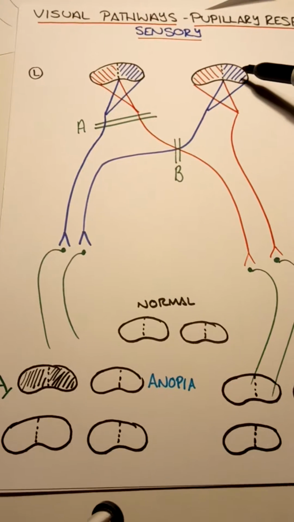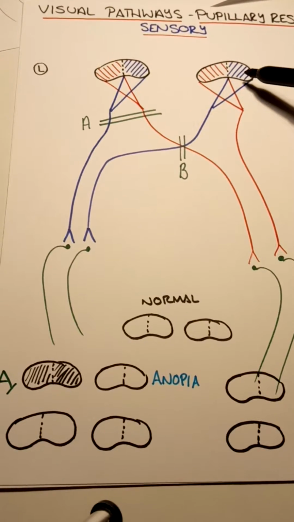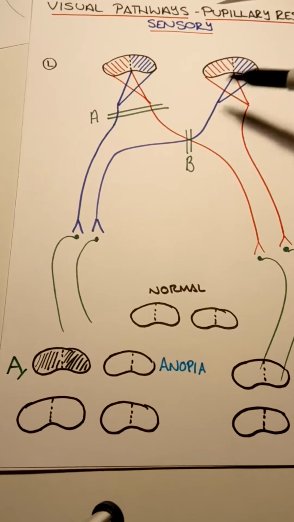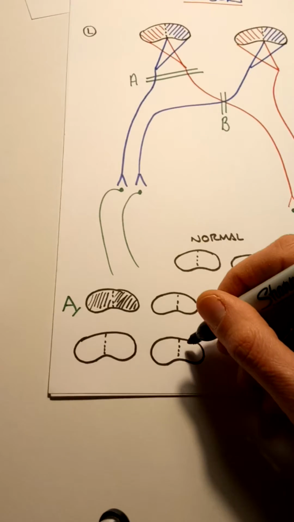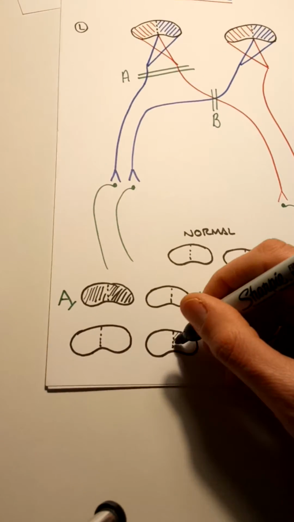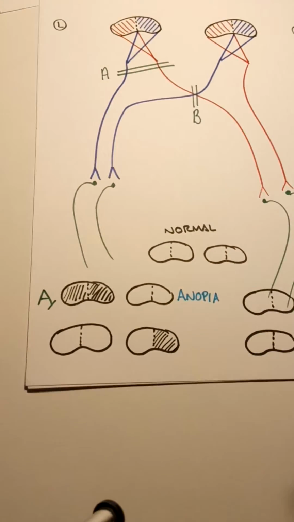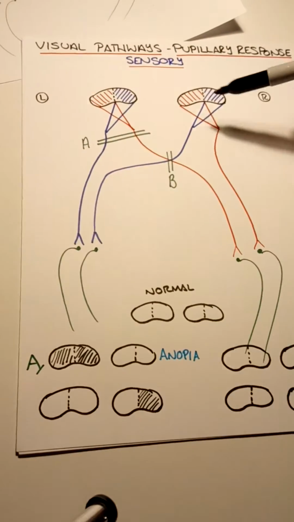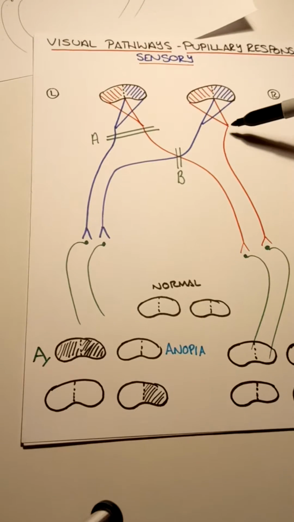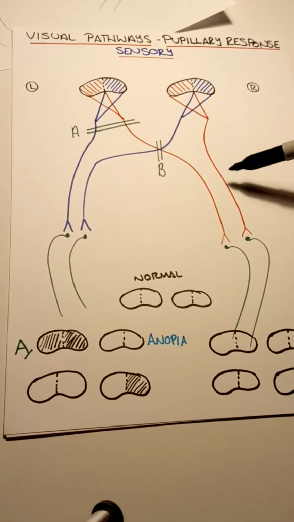That is our right temporal field of vision. It's going to block that, so nothing's getting through here. So we can block out the right eye and the right temporal field of vision. Is it going to affect this side? No. So it's not affecting that part.